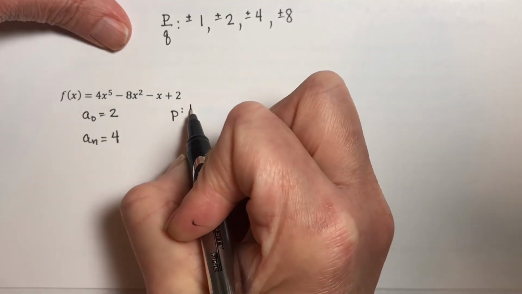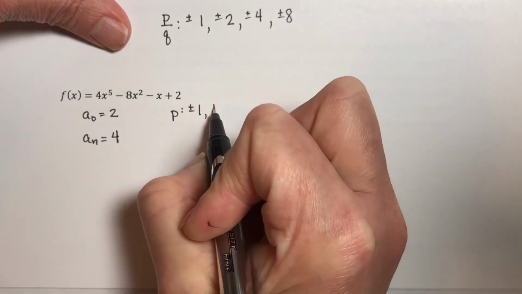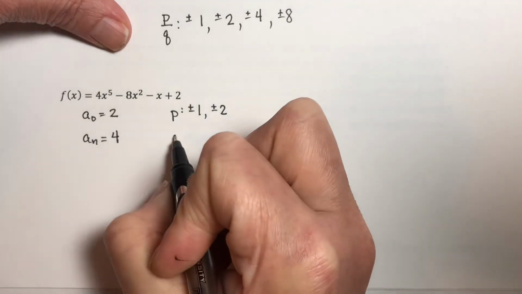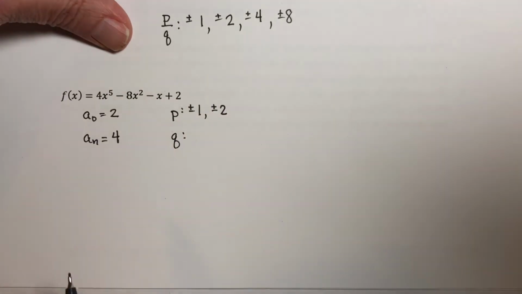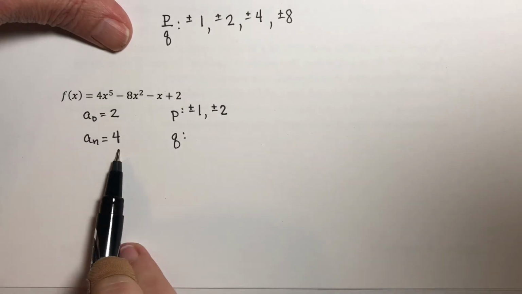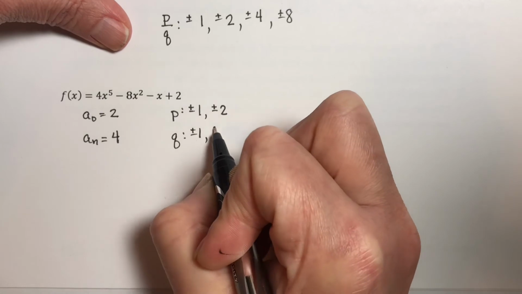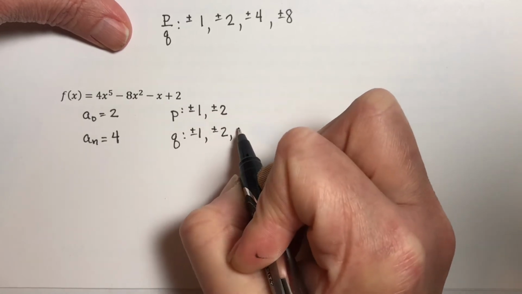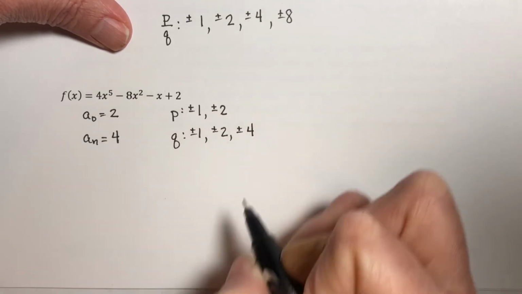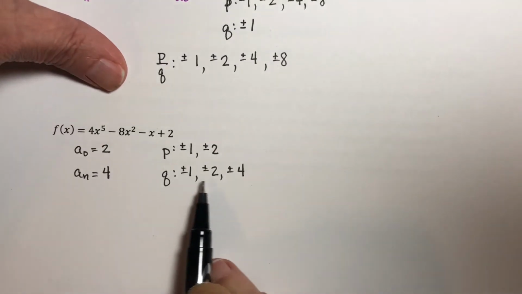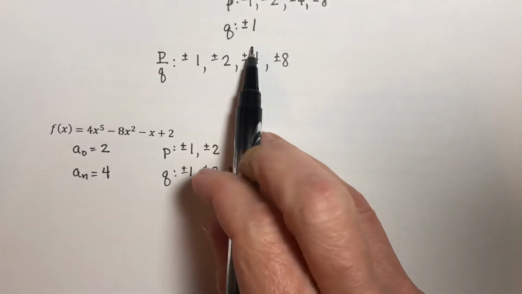So that would be plus or minus 1, and then plus or minus 2. For q, this would be all of the values that divide evenly into 4. So that would be plus or minus 1, plus or minus 2, and plus or minus 4.